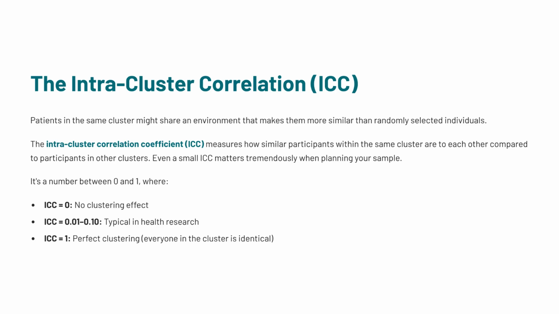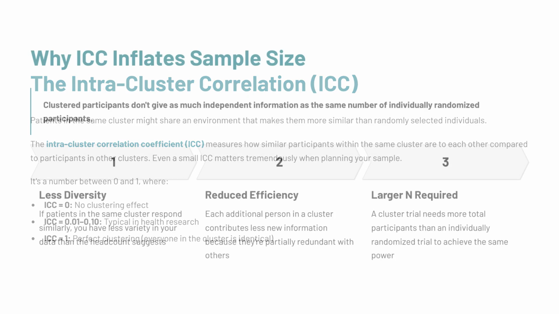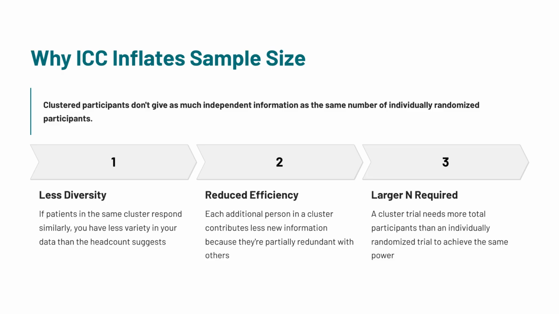A value of 0 means no clustering effect, while a value of 1 means everyone in a cluster has identical outcomes. If individuals within the same cluster respond similarly, we're not getting as much independent information from each additional person in that cluster. In other words, 100 patients all from one cluster do not provide as robust evidence as 100 patients from 10 different clusters. The ones in a single cluster might all rise and fall together.